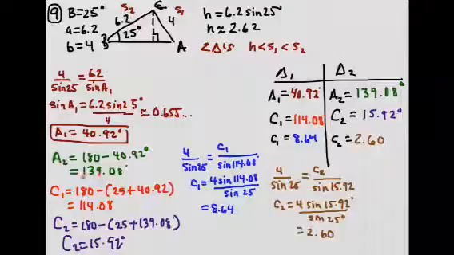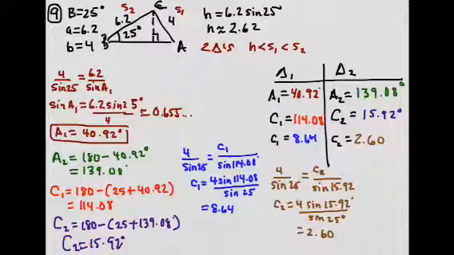Then I found angle C1 by taking the given angle plus A1 and subtracting it from 180, and you get this. Same thing for C2, I took the given angle plus the angle A2, subtracted that from 180, and I got this.